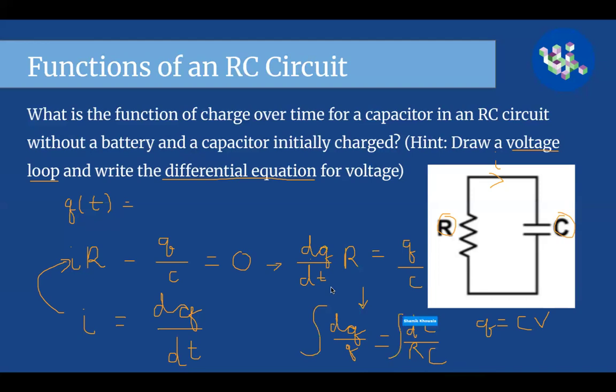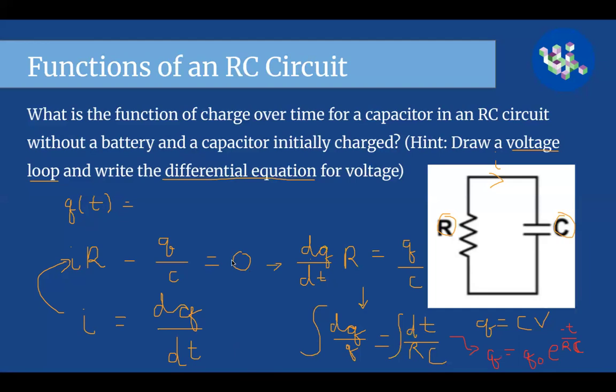Now it's like calculus. The final thing you'll get, I won't explicitly do it, is that Q equals Q naught times e to the negative t over RC, where Q naught is the original charge on the capacitor.